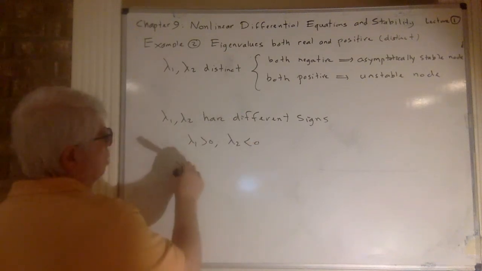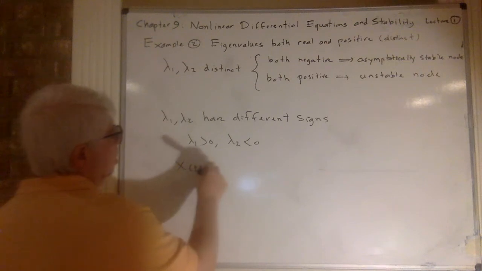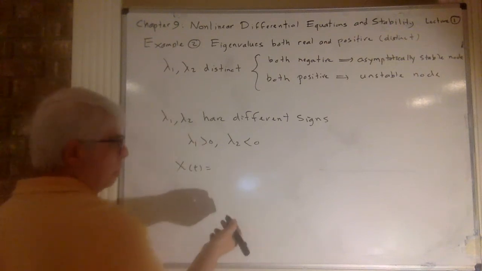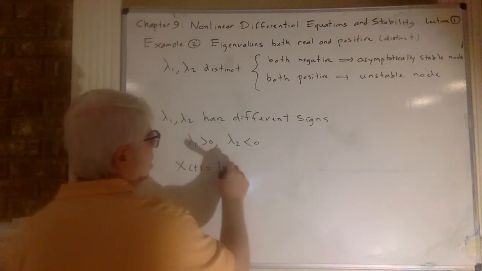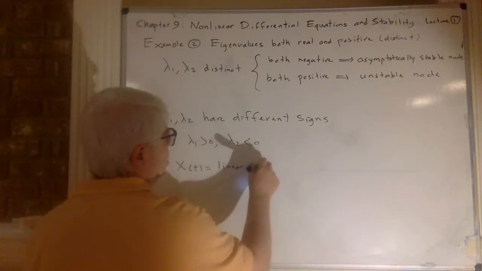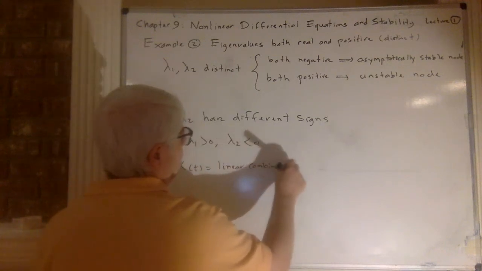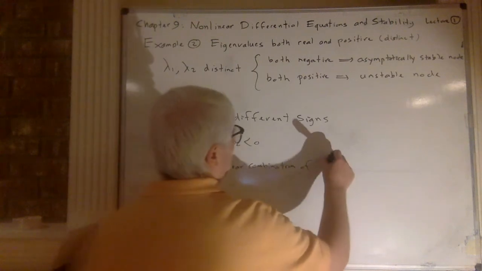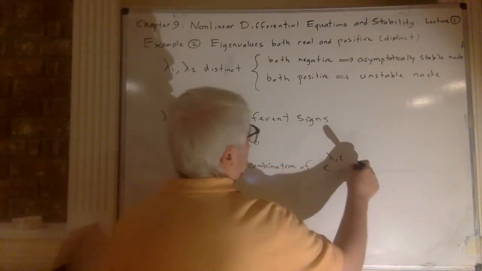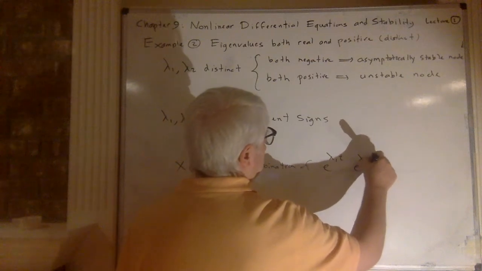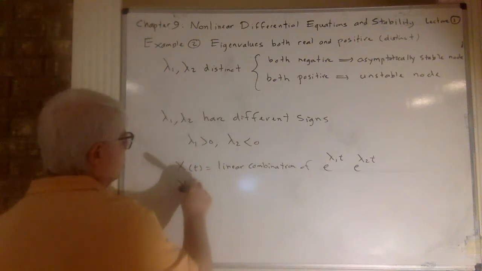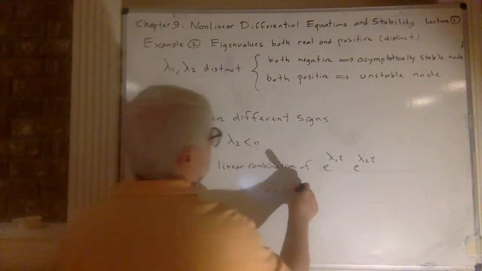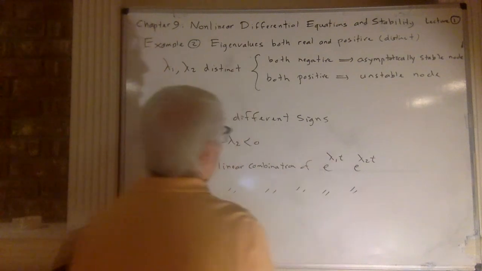So solutions are linear combinations of these two, right? Solutions are linear combinations of e to power lambda 1 t and e to power lambda 2 t. And y(t) is also another linear combination of these two.